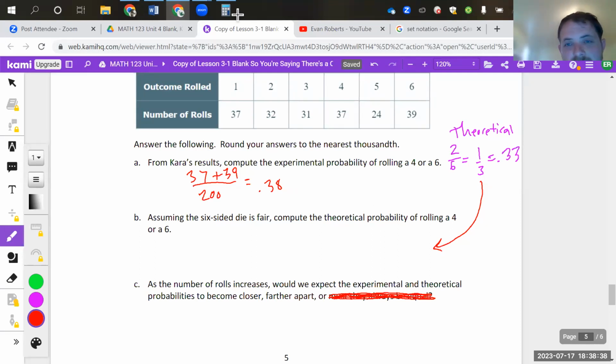That's probably not always going to happen. But in theory, it should become closer to 1/3, or the 0.33. Not guaranteed, but in theory, that's what should happen.